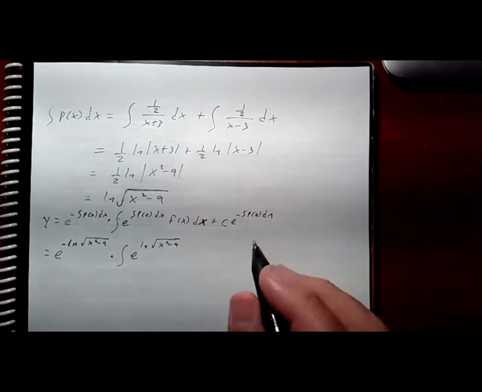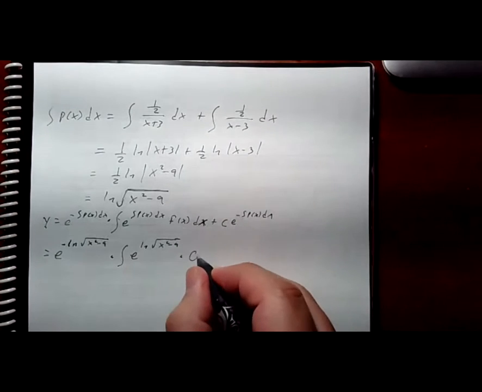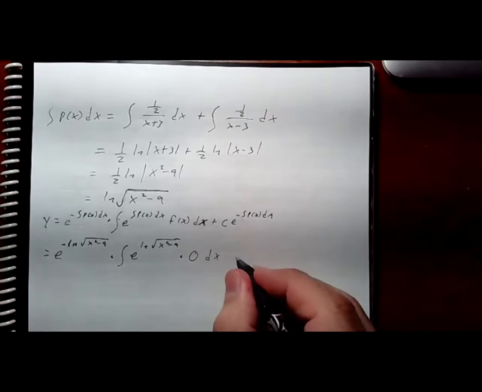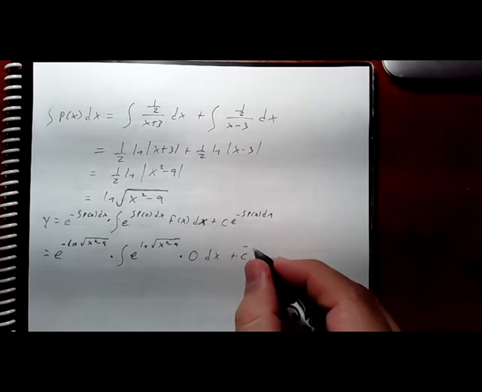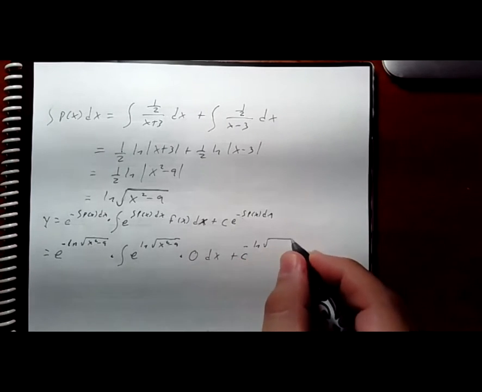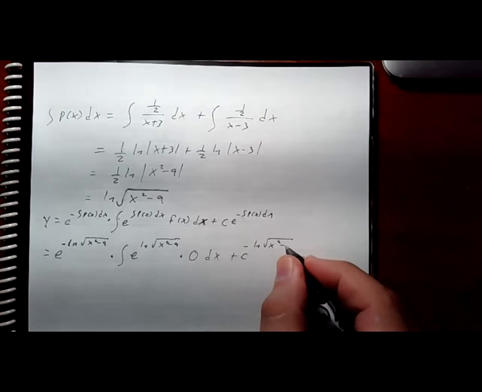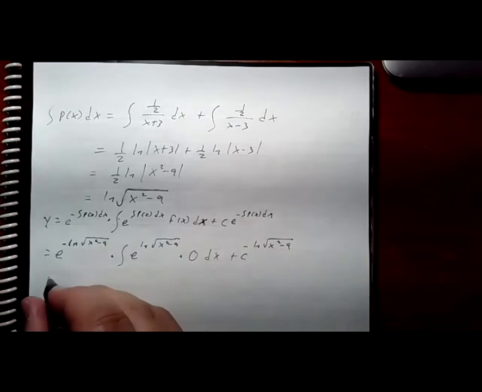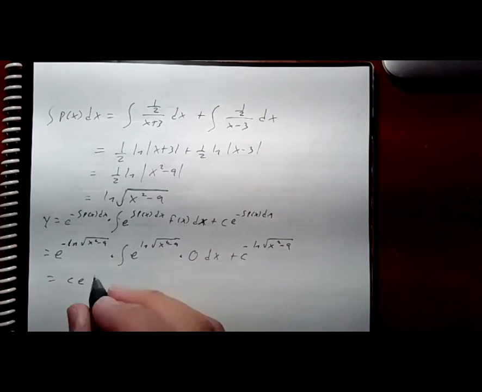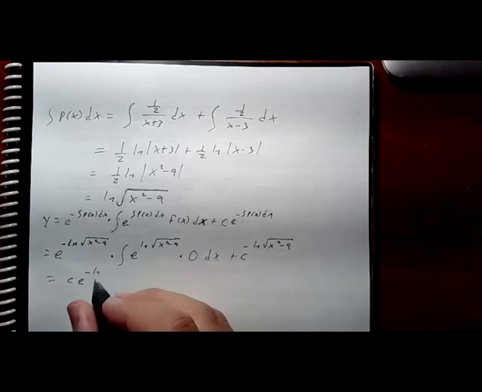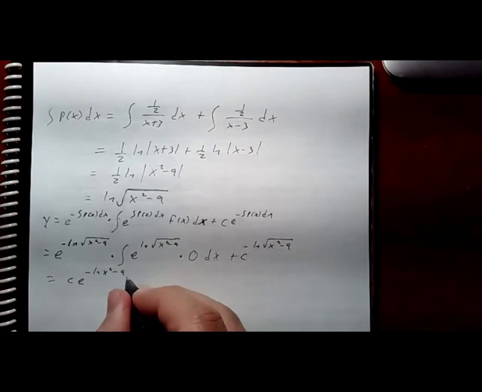We don't have to worry about that part. Plus c e to the negative ln square root of x squared minus 9. So all that is gone, which is awesome.